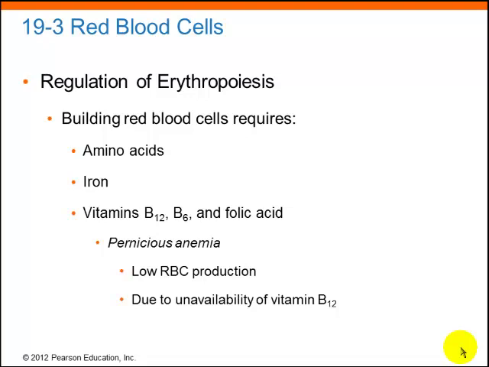Pernicious anemia is not common in the United States anymore because we have sufficient nutrients in our diet. But a lot of the work on vitamins was done in the 1920s, and particularly studies showing that the liver stores vitamin B12.